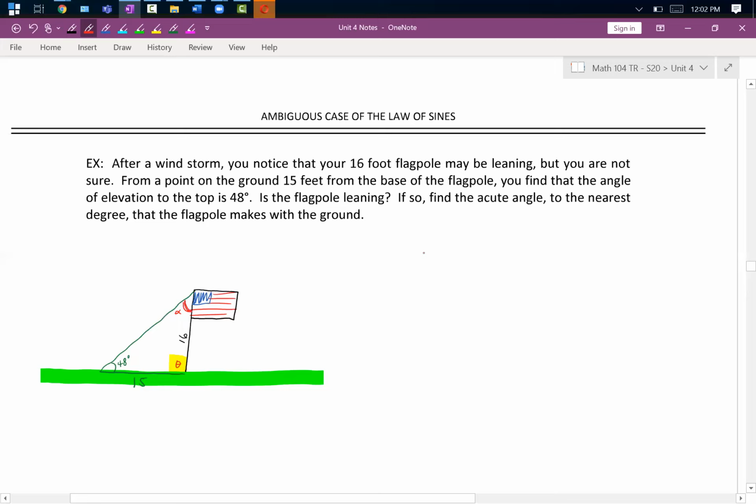All right, so we're using sine. Our known pair, this is going to be 16 over sine of 48 equals 15 over sine of alpha. Solving for alpha, we'll cross multiply. Divide by 16.